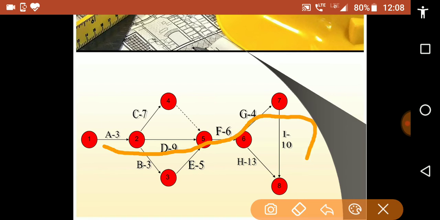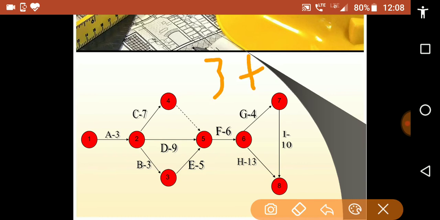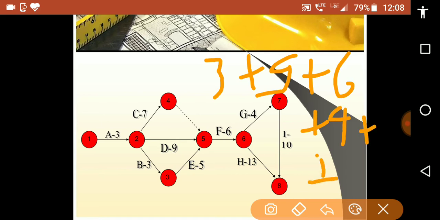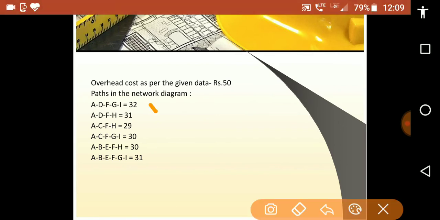The value of this path is 3 plus 9 plus 6 plus 4 plus 10. 3 plus 9 is 12, 12 plus 6 is 18, 18 plus 4 is 22, 22 plus 10 equals 32. So ADFGI equals 32.